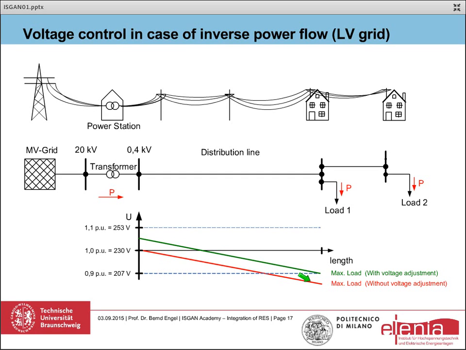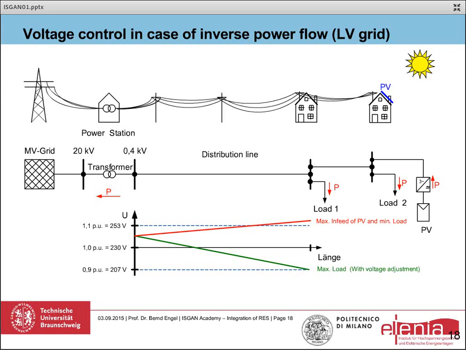We must find other solutions. The alternative is, in the case we have reverse power flow, we have a maximum infeed of photovoltaics via the inverter, and then in the time of the day where we have no load and maximum infeed or minimum load, we have power flow from the households to the power station and to the medium voltage grid, and then the voltage fall is just in the other direction.